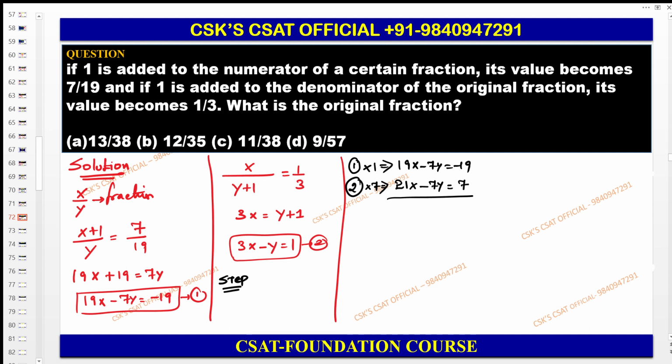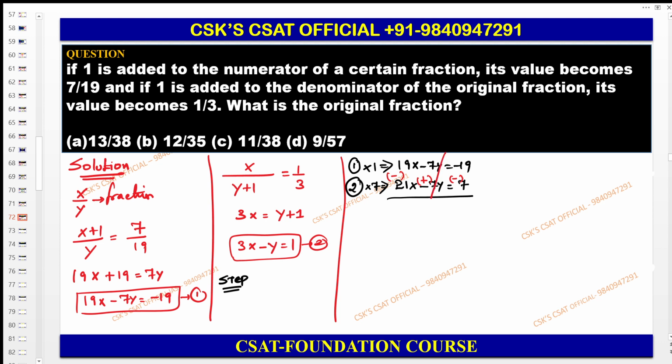In this situation, the coefficient of y contains the same sign, minus minus. So throughout the second equation, we have to multiply with the opposite sign, or else you can multiply with the minus itself. Minus into minus, here plus, here minus, then here minus. That's it. Then you can subtract this one.